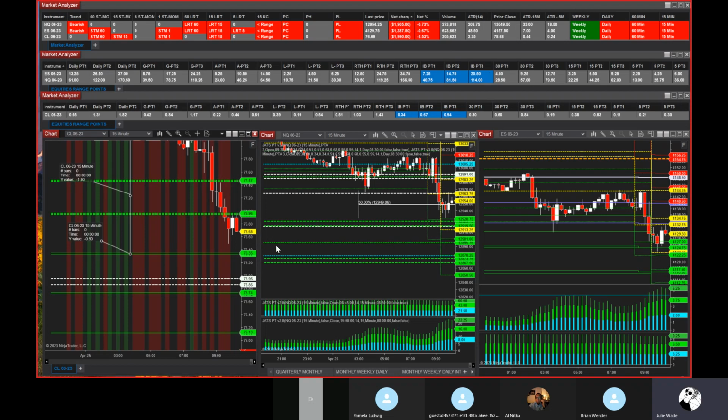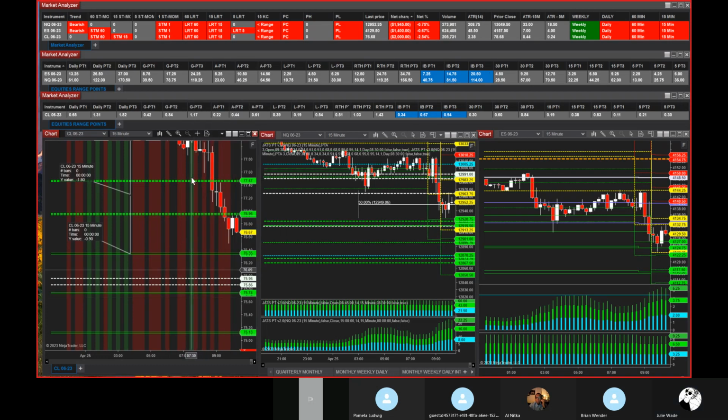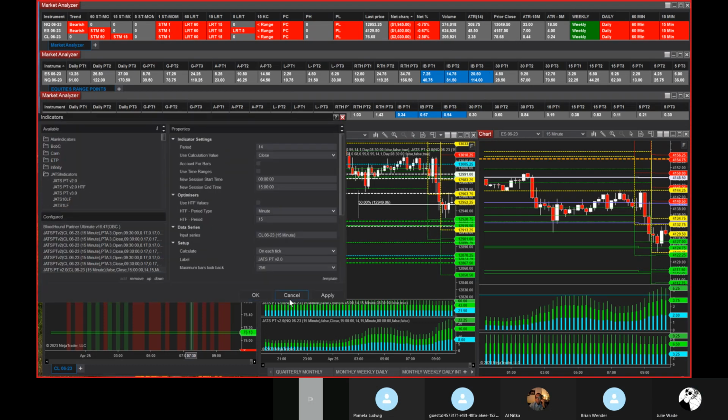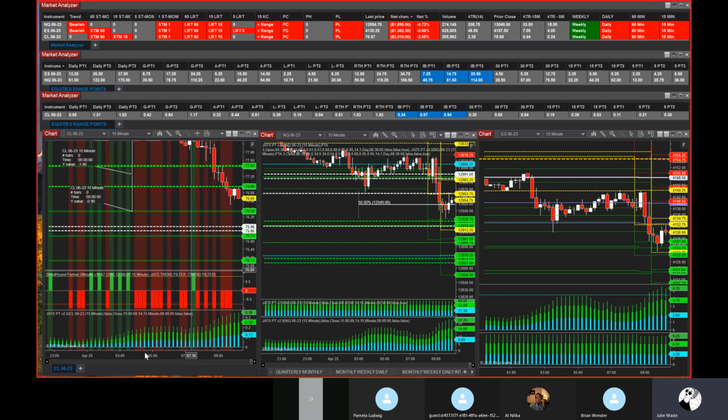So it's already broken the daily range, and we are in the overtime. Let me put a PT2 on here. So all you have to do is just put it on the chart and you can see the slope of the range expansion or contraction.